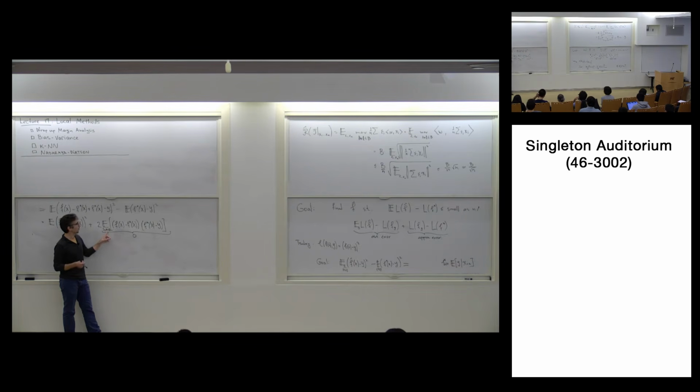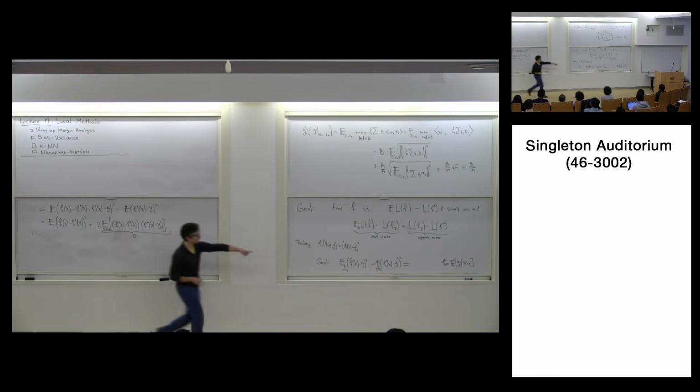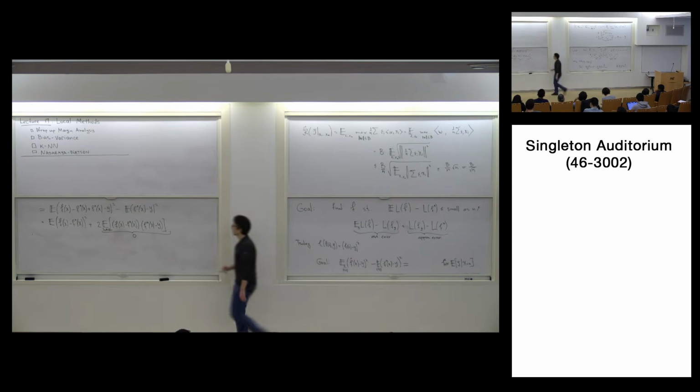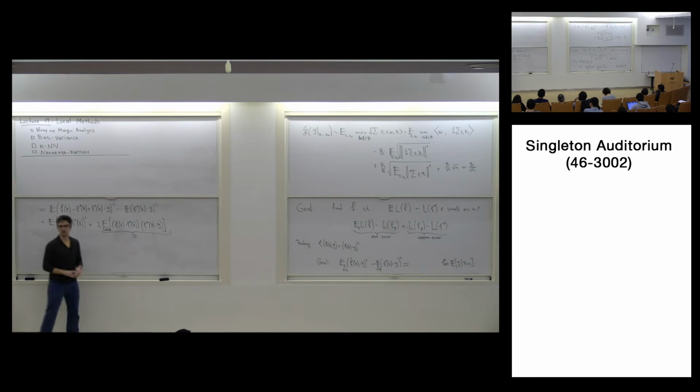So conditionally on the data set and x, this is a constant that doesn't depend on y. How about this? Well, this is the mean of y by definition. Conditionally on x, the mean of y is f star. That's the definition of f star. So that is 0. So everything becomes 0. Right? Everyone is okay?